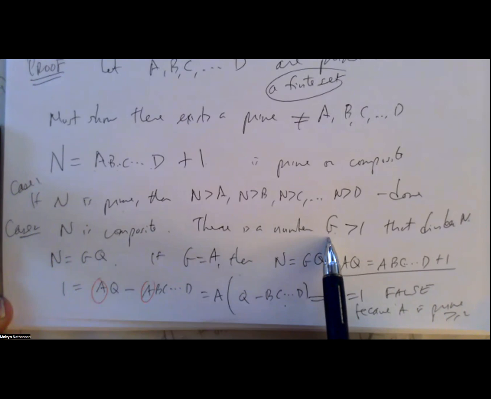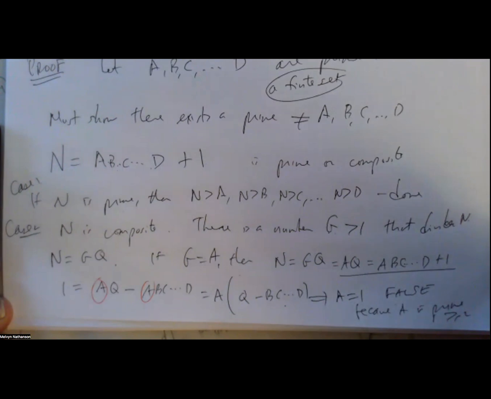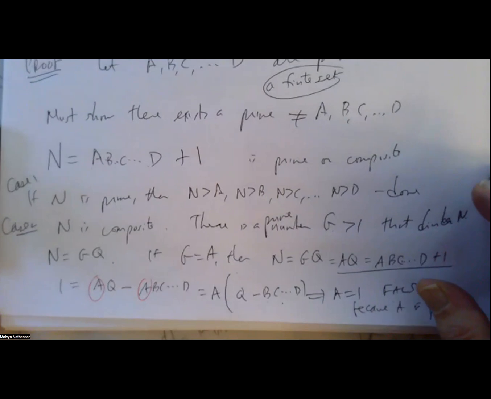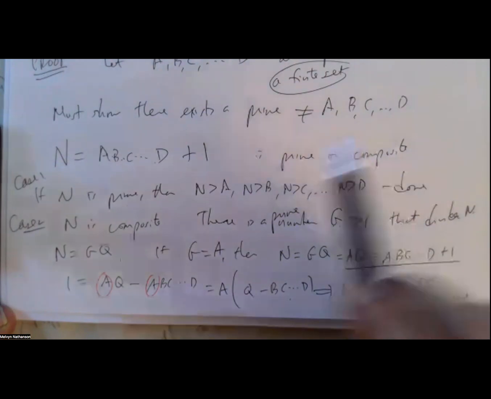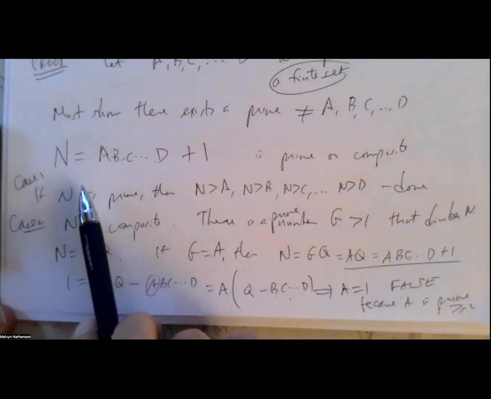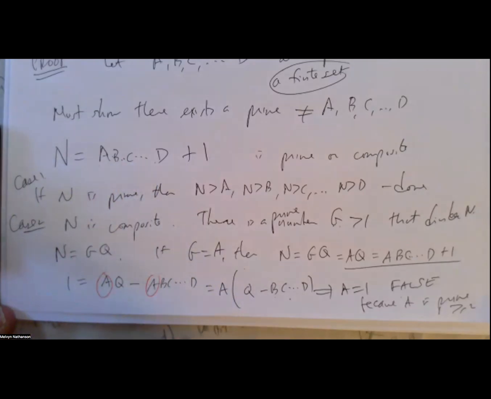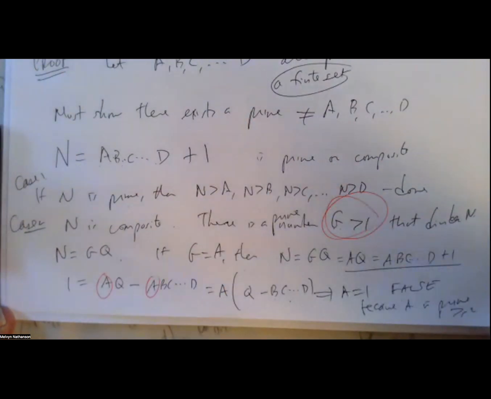So not only is there a number G that divides n, there's a prime number that divides n, because every number is a product of primes. So there's a prime number G that divides n, and G can't be equal to A. And by the same argument, it can't be equal to B or C or anything up to D. So we have a new prime. G greater than 1, this is a new prime, not equal to any of the numbers A, B, C, and so forth up to D.